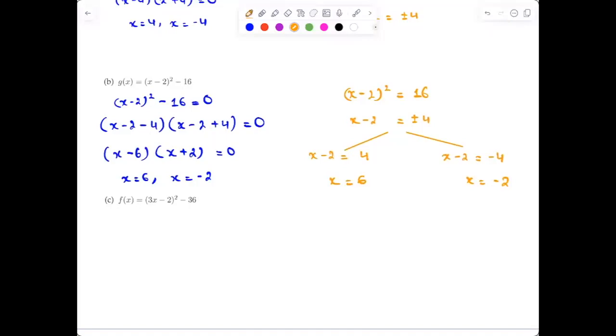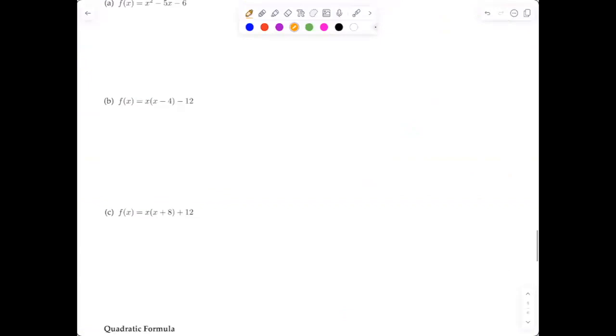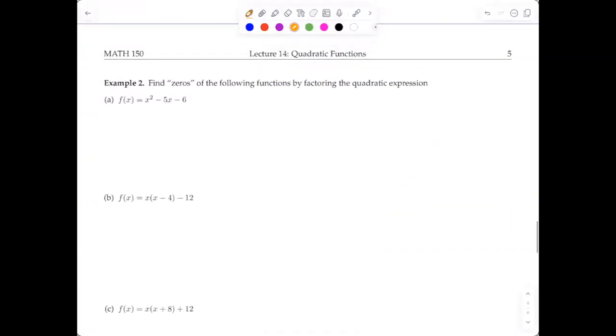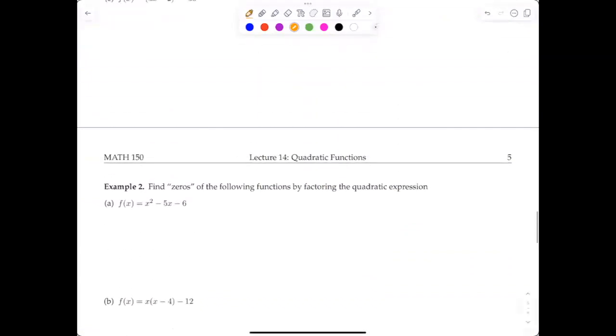When you've done with C, can you move on to the next example as well? It's the same approach, similar questions.